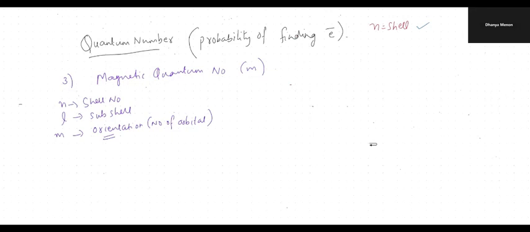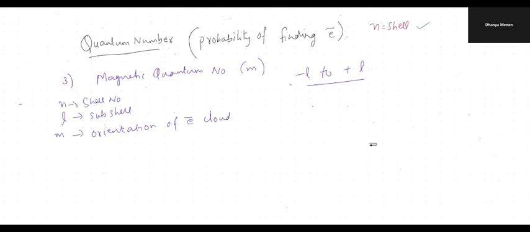Now, m value ranges from minus L to plus L. The m value represents the different orientations of the electron cloud in a particular subshell.